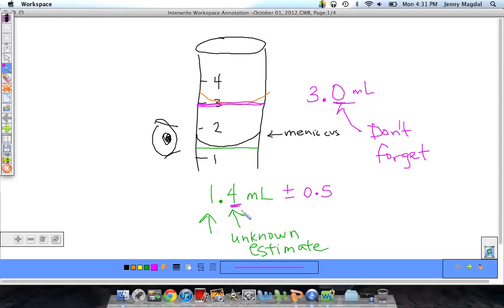I'm in the tenths spot there, so I'm in the tenths spot here. Well, that error is the same for this value with the same graduated cylinder, plus or minus 0.5. We don't need to write milliliters again because we have it here and here. But if you wanted to, you could.